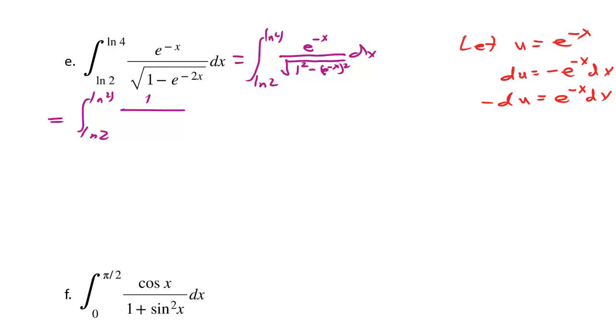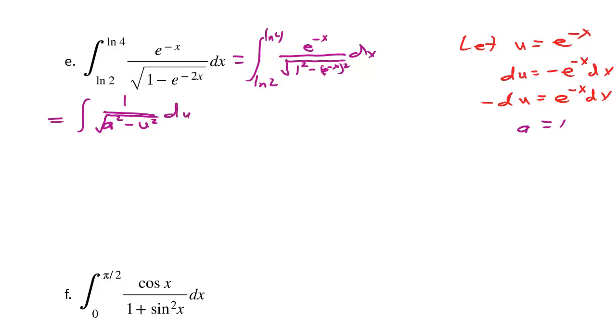Oh, we're going to change our limits on this one. All right, so I've got 1 over, oh, I didn't define, let's say a is equal to 1. So root a squared minus u squared du.